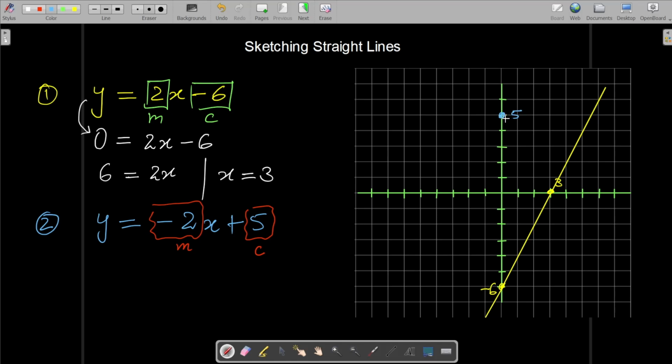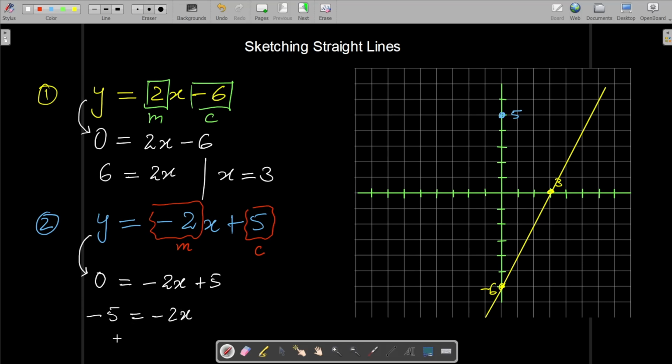Now in order to make a line, you need to have a second point. To find the second point, you need to find the x-intercept. The concept remains the same: you have to keep y equal to 0, and then it will be 0 = -2x + 5. Take this 5 to the left hand side, so this becomes -5 = -2x.